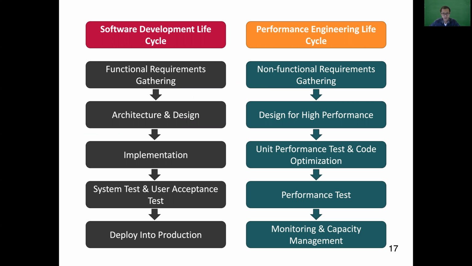Okay, so the performance engineering lifecycle starts from non-functional requirement gathering, to design for high performance, to unit performance test and code optimization, to performance test, to monitoring and capacity management. They correspond to different stages of the software development lifecycle.